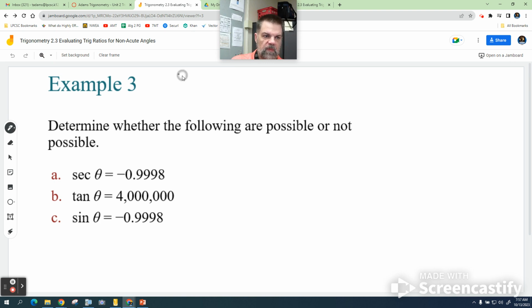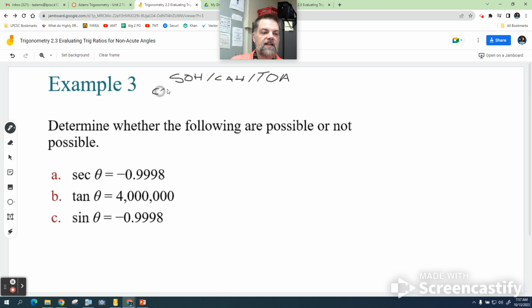So remember, everything goes back to SOHCAHTOA. And remember the reciprocals. Now, the reciprocal one doesn't roll off the tongue as smooth as SOHCAHTOA does. But what is the reciprocal of sine? Cosecant.